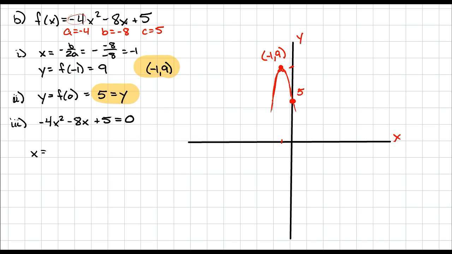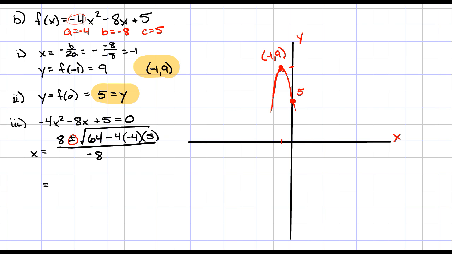X equals minus b, so minus negative 8, that's positive 8, plus or minus the square root of 64 minus 4 times A times C, divided by 2A, so divided by minus 8. Because of this plus minus in the formula, most likely I'm going to get two solutions. One where I use the plus and one where I use the minus.